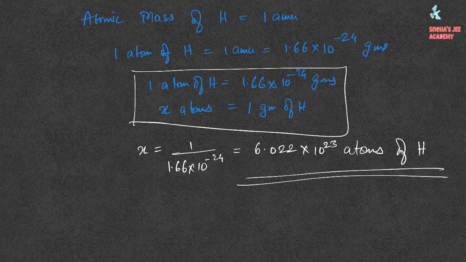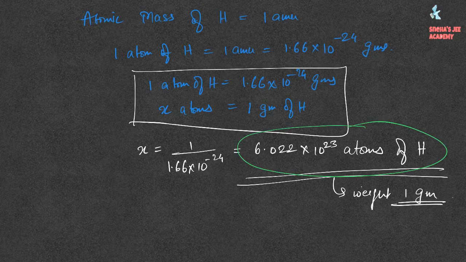So 6.022 times 10 raised to 23 atoms of hydrogen would weigh 1 gram. Okay, this is very important. So this concept or this number, what you see over here, is called Avogadro's number.